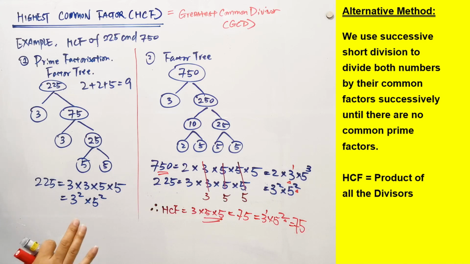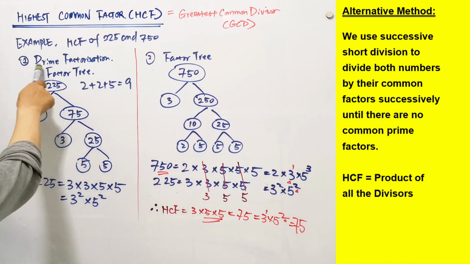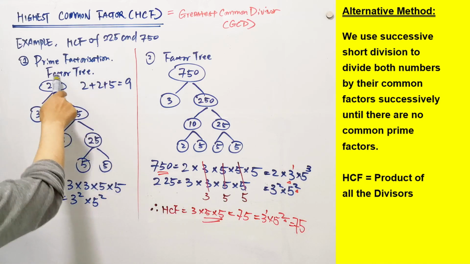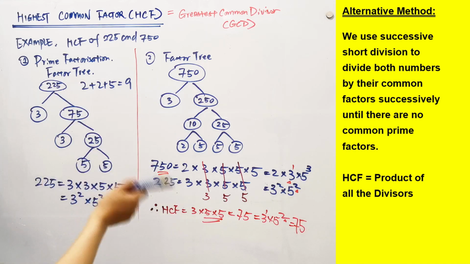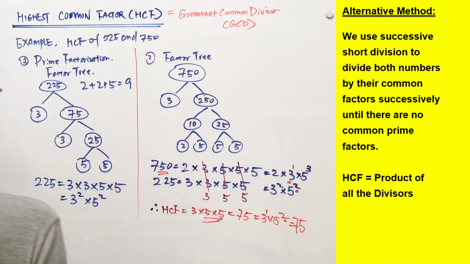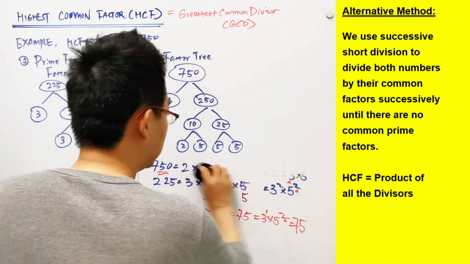Basically, we also have an alternative method to resolve this question. Here we're using the prime factorizations based on the factor trees. We can resolve this question, right? So now we use the alternative method. Let's look at how to resolve it with the alternative method.